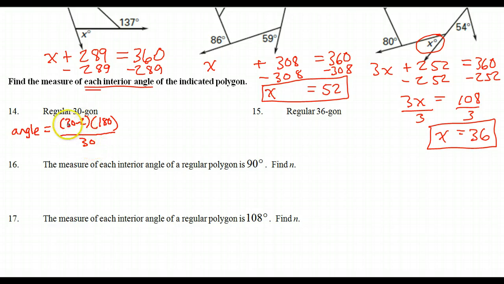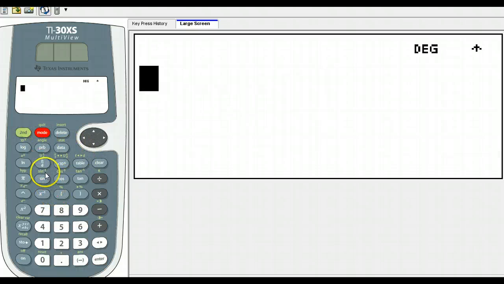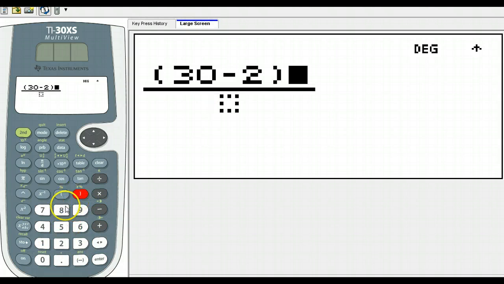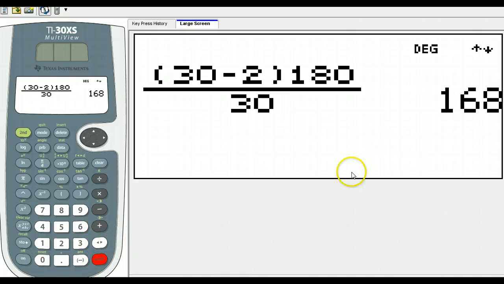So I can just put this in my calculator: 30 minus 2 times 180 divided by 30. That's 168. Each angle is 168.